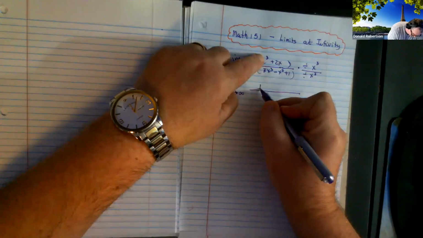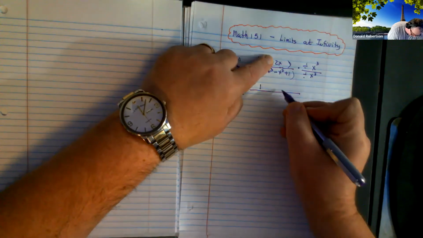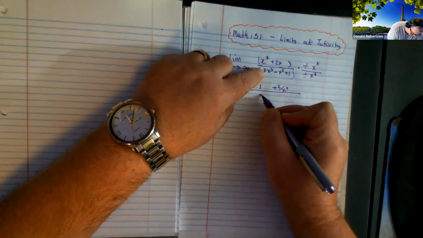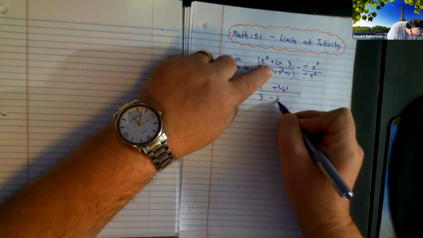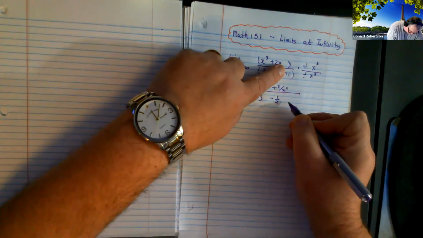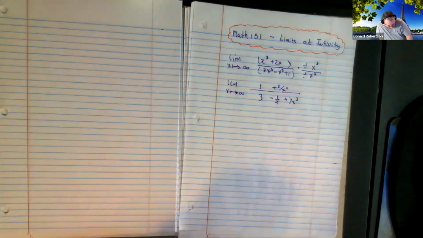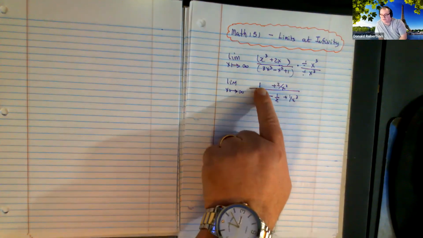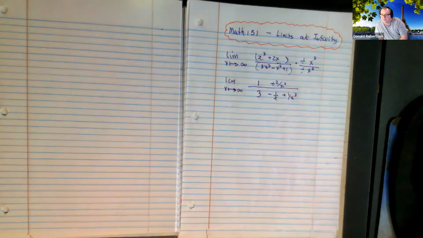You divide that guy and you get 1. That guy gets you 2 over x squared. That guy is 3. This guy gets you negative 1 over x. And this guy gets you 1 over x cubed. Are you comfortable with how I got all these pieces?